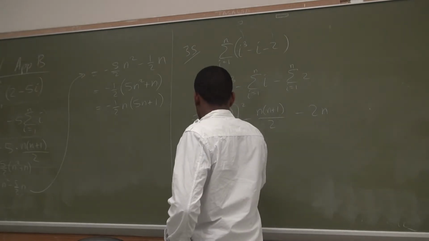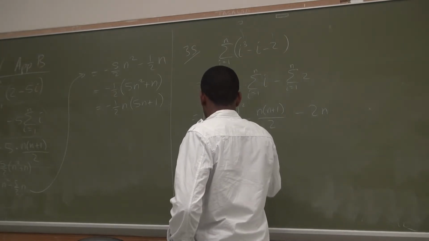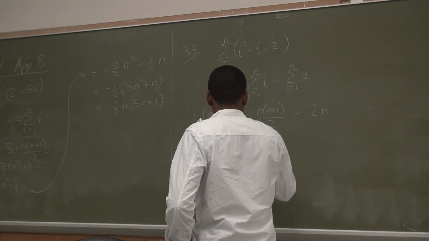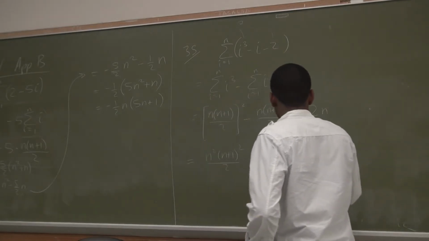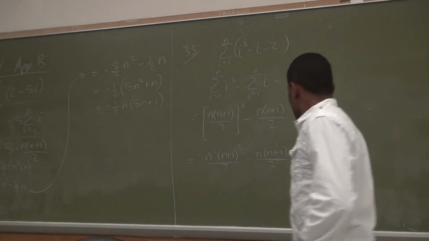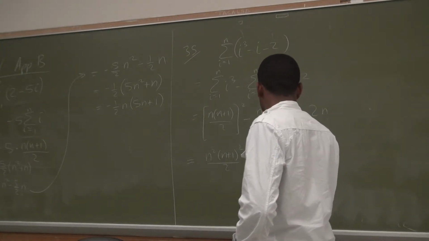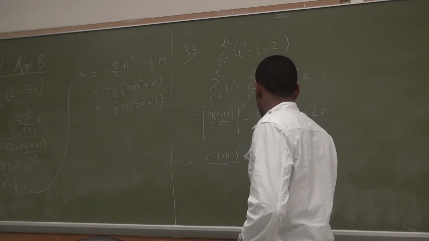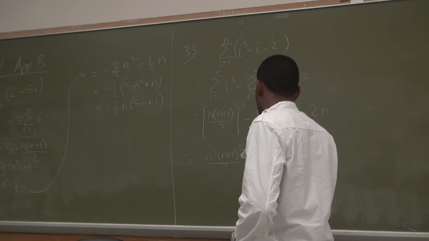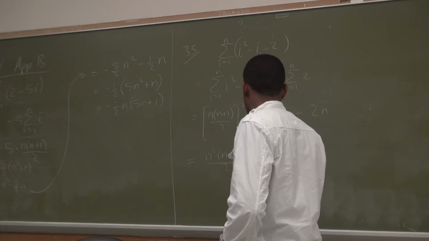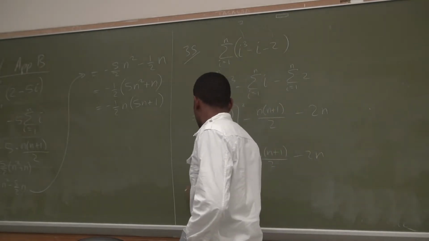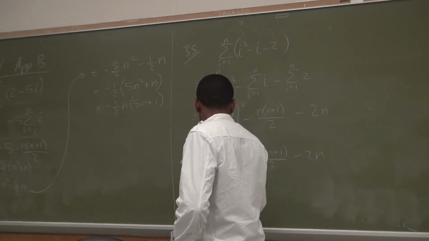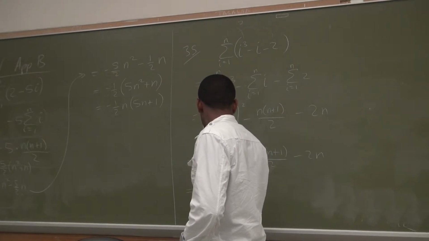So we have n squared, n plus 1 squared. You could factor out the common n and a half, yes, although this is a quadratic, and over 2.